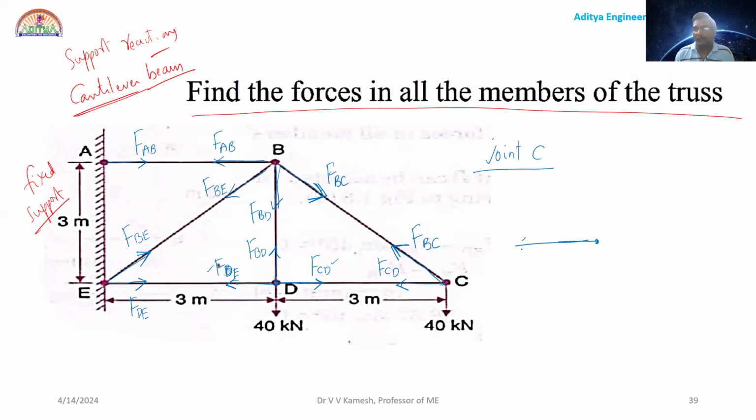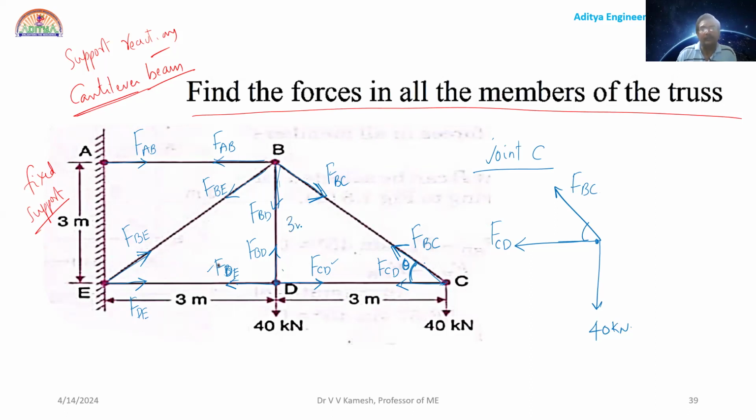Okay. Now at the joint C, what are the forces? On the left side, I am having FCD. On the left side, with an angle, FBC. At the bottom, I am having 40 kilonewton. Now, what is this angle? It is theta, right? What is the value of theta? What is the height BD?